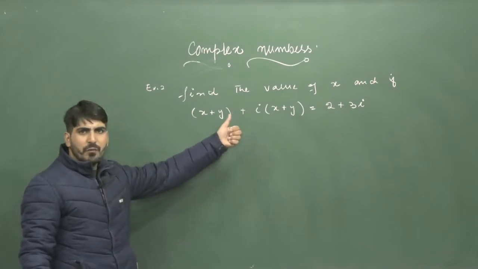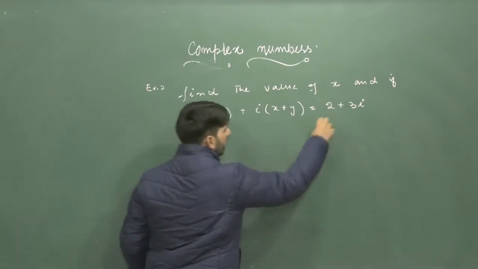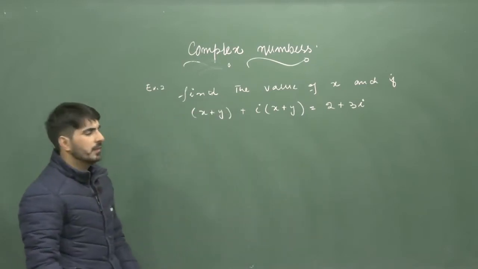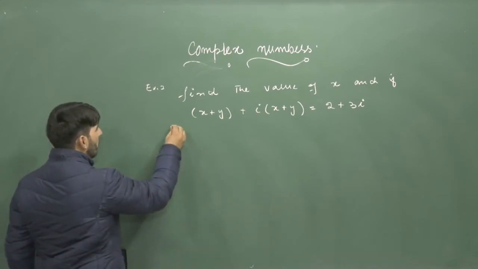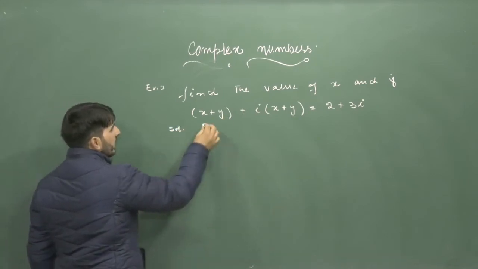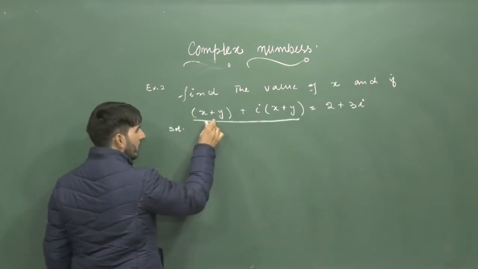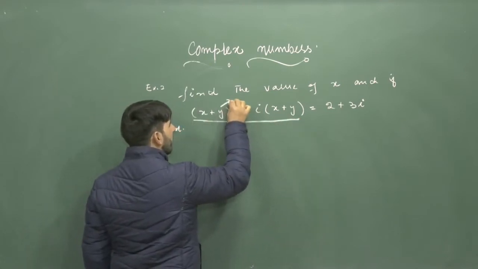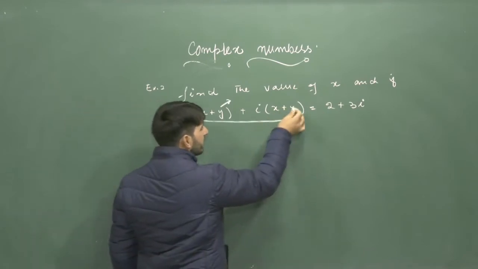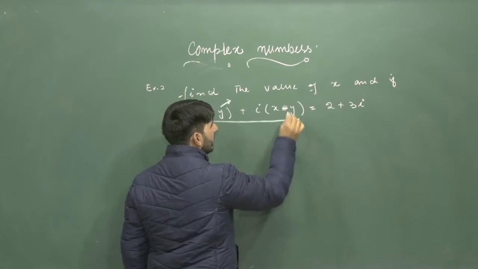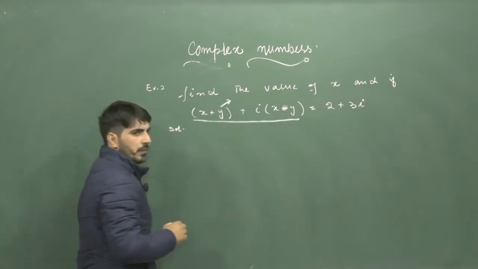So here we have to find the value of x and y for which these two complex numbers are equal. As per the definition of equality of two complex numbers, this is of the form a plus ib. So x plus y is the real part, and x minus y is the imaginary part of this complex number.